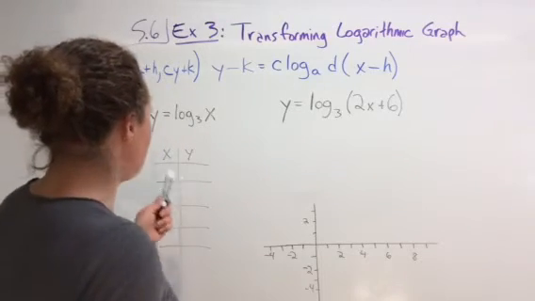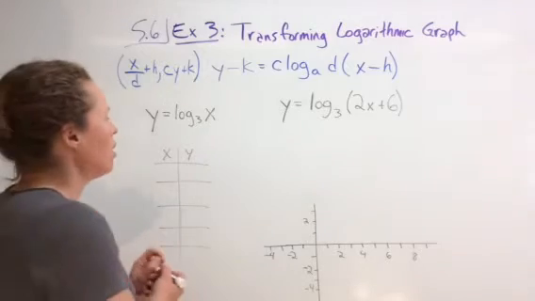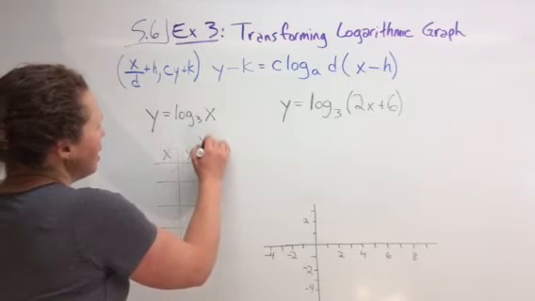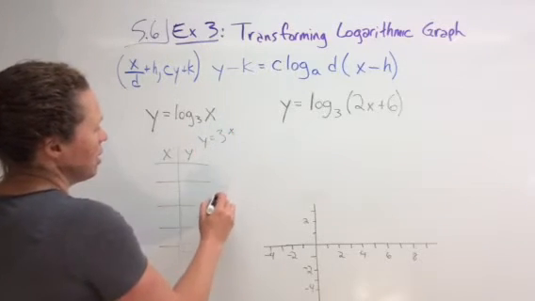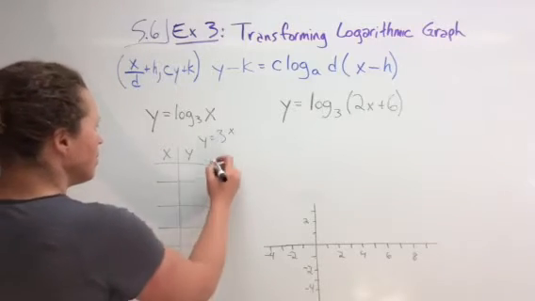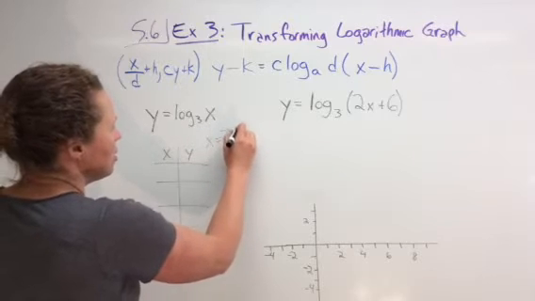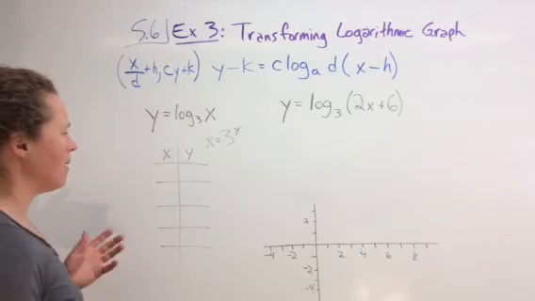Now if I'm going to do a table of values for this, I'm going to use y equals 3 to the power of x and just swap the values. So what if I just said x equals 3 to the power of y?